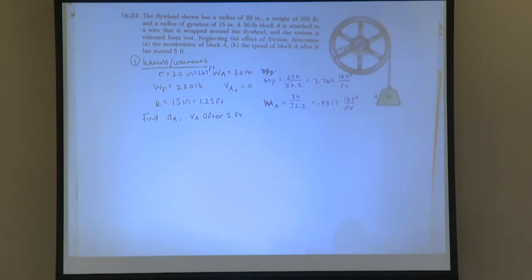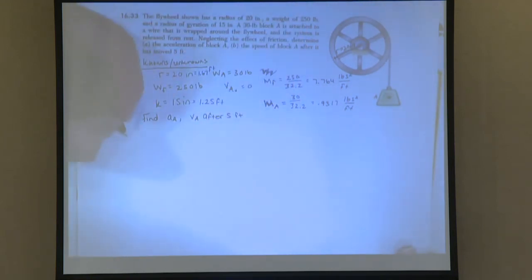If you're given radius of gyration, we know that this is chapter 16, so we're going to have to find an I value. What does I stand for? Moment of inertia, good. If I'm given radius of gyration, what's the equation for moment of inertia? mk squared, good.